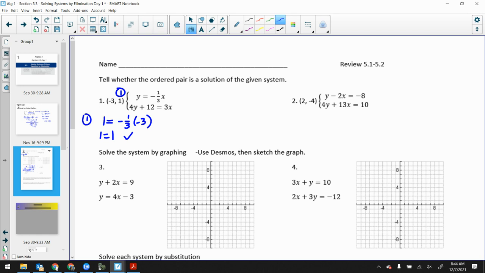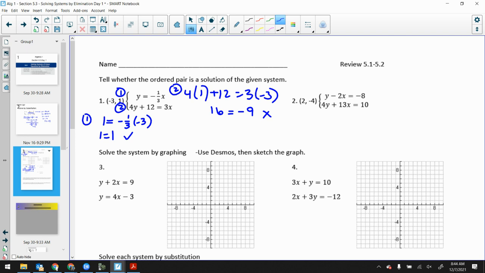So that checks out. Equation 2, 4 times the y value, which is 1, plus 12 is equal to 3 times negative 3. All right, 4 plus 12 is 16, but that's only negative 9. That doesn't check out. That makes sense?